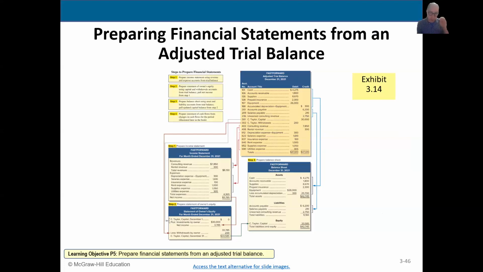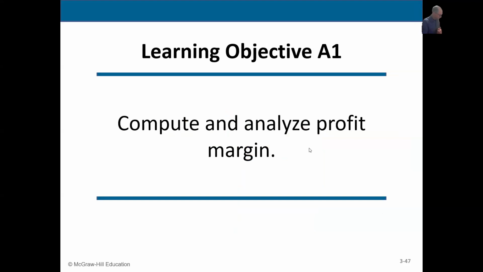Once we've done that, prepare the statement of owner's equity using the balances from the income statement and the trial balance amounts. Step three is prepare the balance sheet based off of the statement of owner's equity and the adjusted trial balance amounts. That's how it's all connected. So that's the adjusted trial balance and how it's connected to the income statement, statement of owner's equity, and the balance sheet.